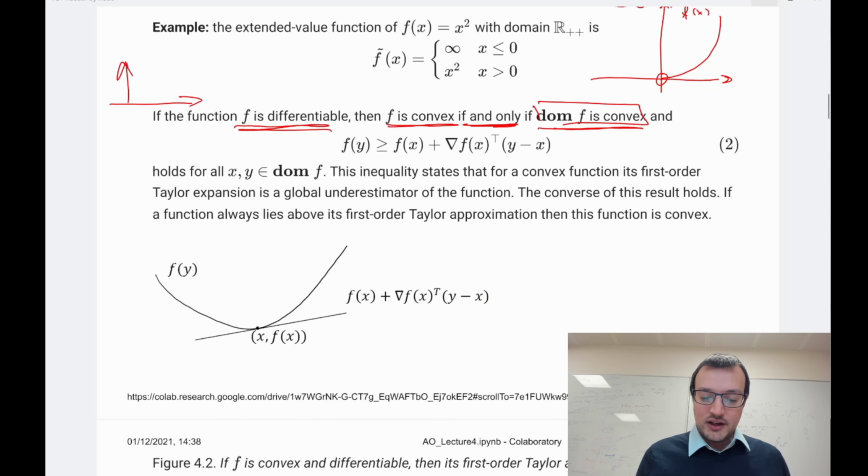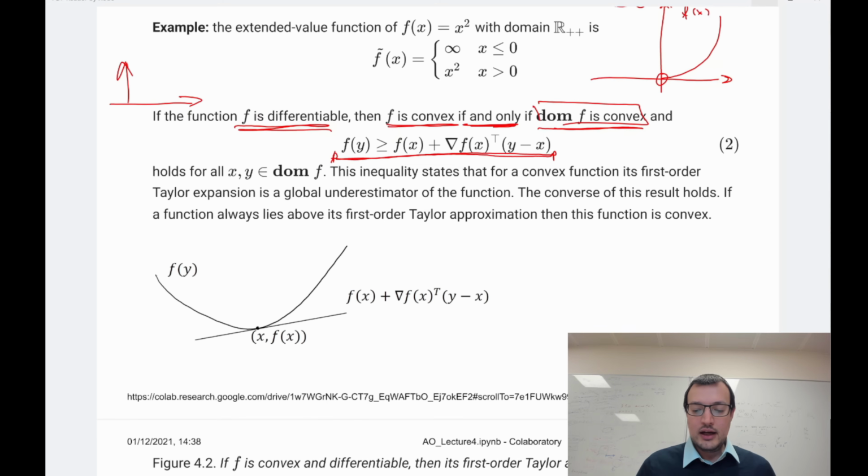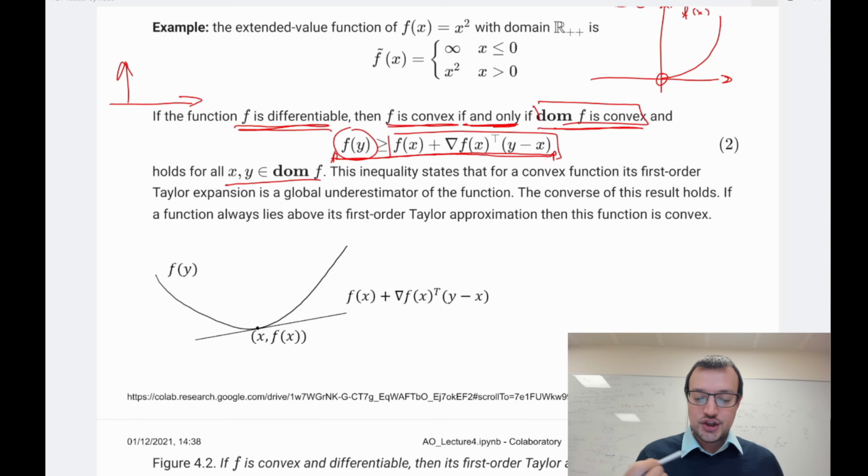For a differentiable function, this is the condition that we have. This condition is essentially telling us that f of y has to be greater than or equal to the first order Taylor approximation of the function itself. And this has to hold for all x and y in the domain, or if we use the extended value function, then we don't have to specify that.